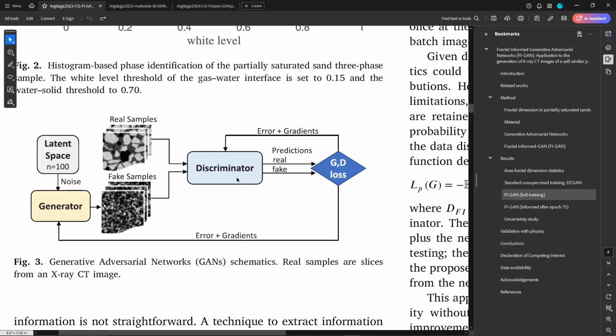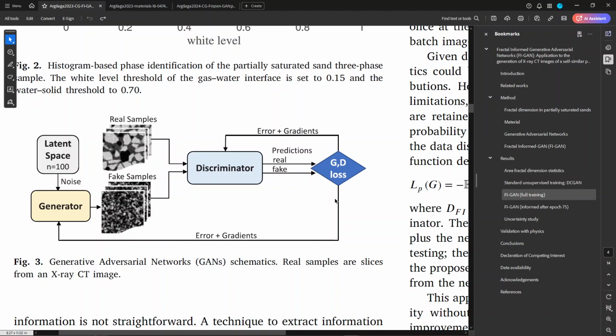Both generator and discriminator are penalized when they make a mistake. So a mistake for the discriminator would be considering a fake image real or considering a real image fake, while for the generator a mistake would be not being able to fool the discriminator.